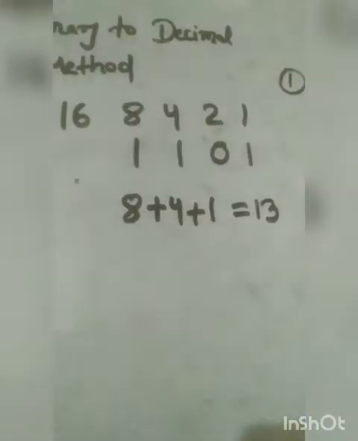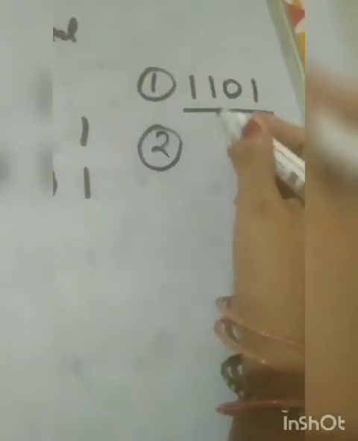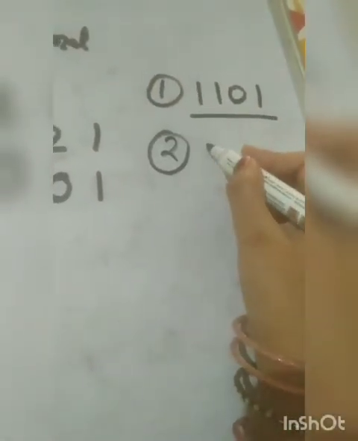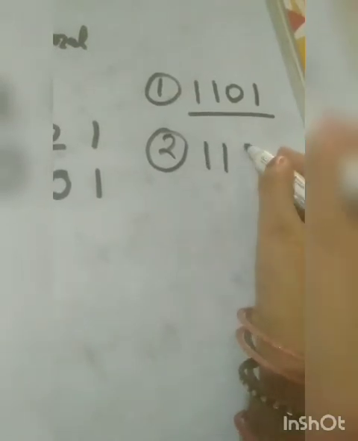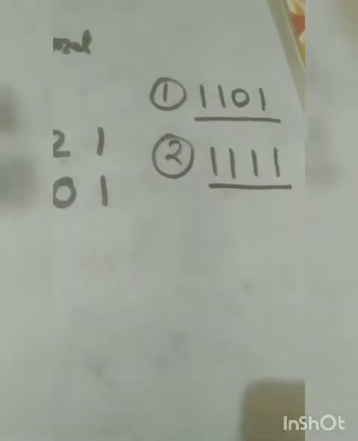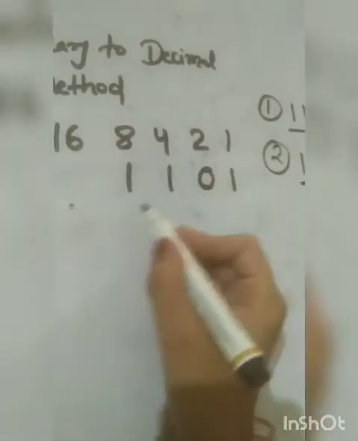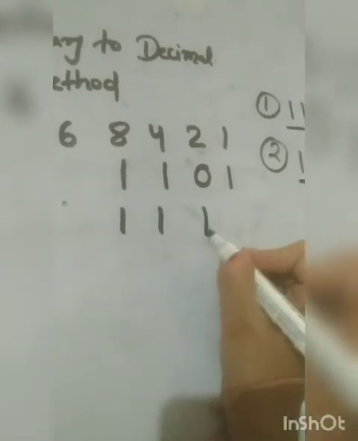Okay, clear? Now I'm going to show you another example. Suppose I have a second number which is greater than this: 1, 1, 1, 1. Now I have these numbers which I'm going to convert. You have to write all 4 below 8, 4, 2, 1: 1, 1, 1, 1.